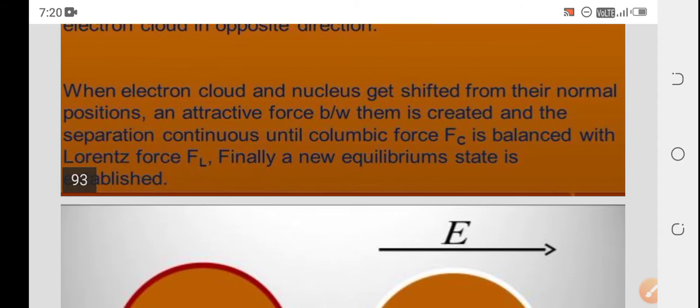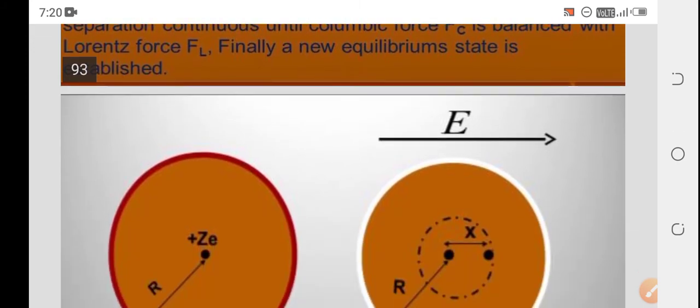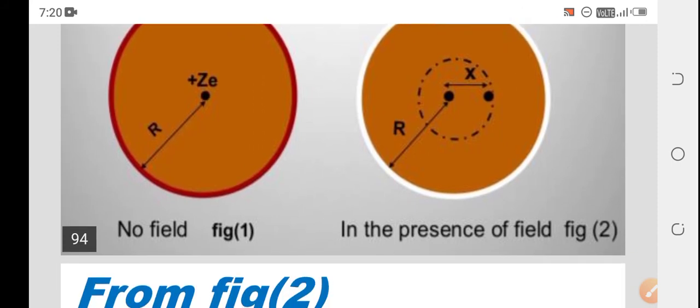When the electron cloud and nucleus are shifted from their normal positions, an attractive force between them is created, and the separation continues until the Coulombic force is balanced with the Lorentz force. Finally, a new equilibrium state arises. Let's see the figure: figure 1 is in the absence of the field, and figure 2 is in the presence of the field.